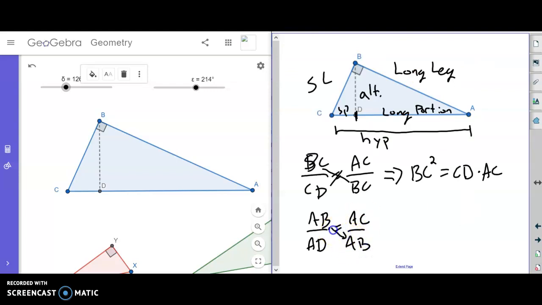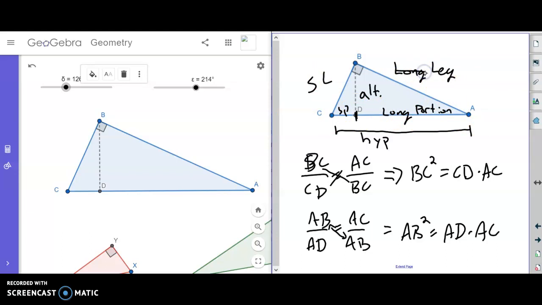Again, if I cross multiply this, I get that AB squared equals AD times AC, or the leg squared equals the portion next to the leg times the entire hypotenuse.